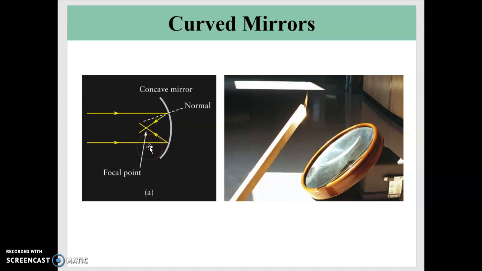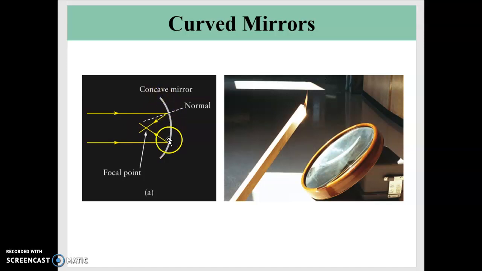Now for spherical mirrors, and you can have different shapes, and we'll actually talk about a different shape in just a moment, but for truly spherical shapes, there is a specific relationship between where this focal point is and the overall size of the mirror.